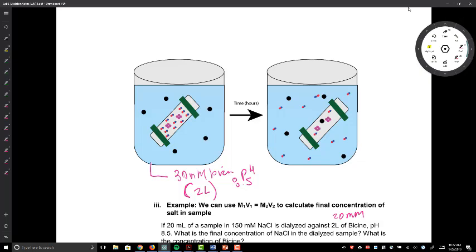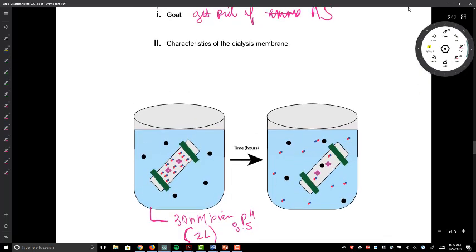The way that we do that is we put that small volume of our protein plus ammonium sulfate into a dialysis bag. This dialysis membrane has holes that are small enough, so if we have our protein here, and we have salt as X's, salt can get in and out of the membrane, but protein cannot.